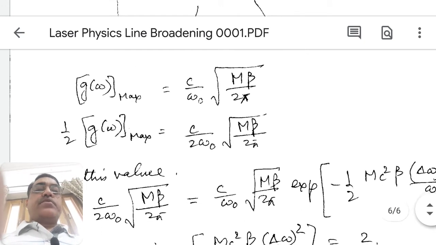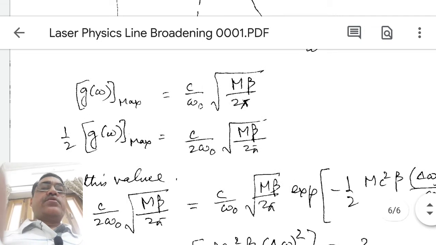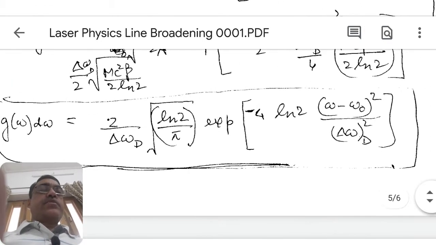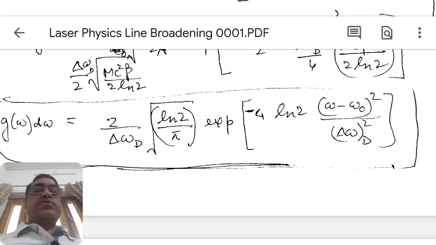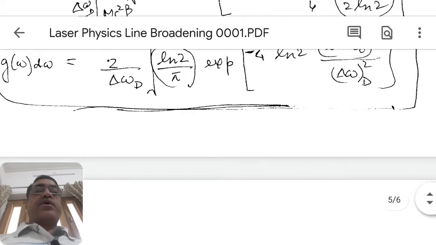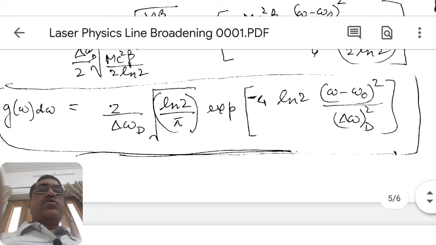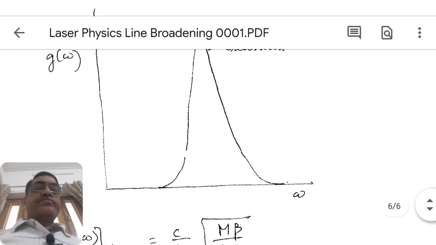Now, to obtain the maximum value, we again find it by putting the argument to be 0. I obtain 2 by delta omega d under root of ln 2 by pi.